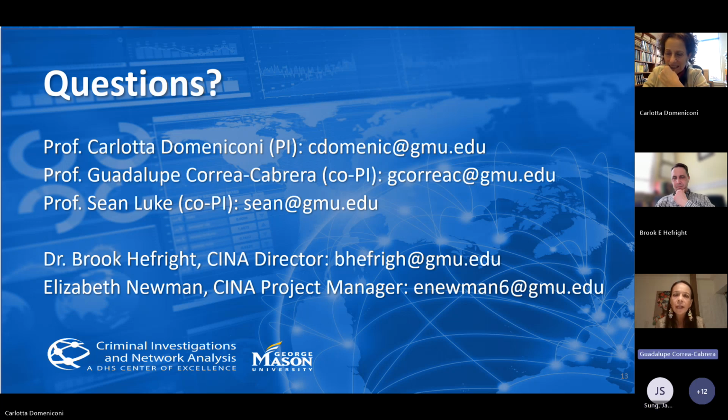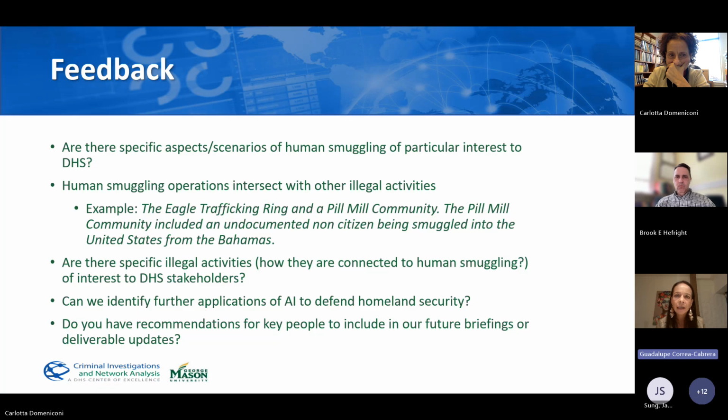US-bound migration. So the cases that we're focusing on are smuggling cases, but incorporate actors that operate everywhere in the world, because US-bound migration now is extremely complex and is attracting smugglers and people from all over the globe.